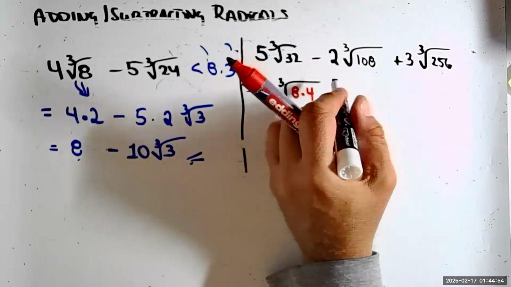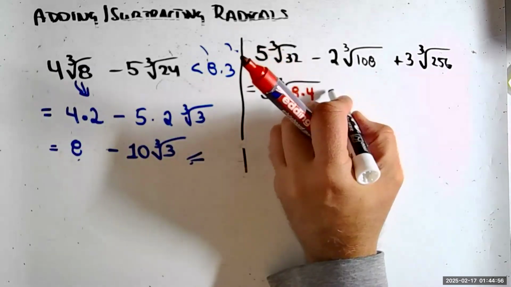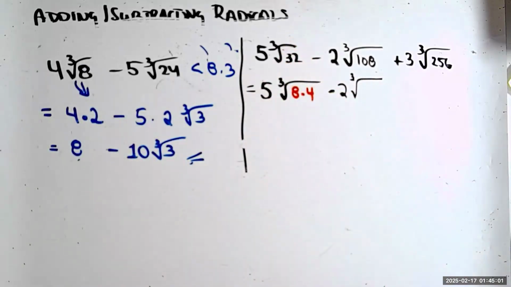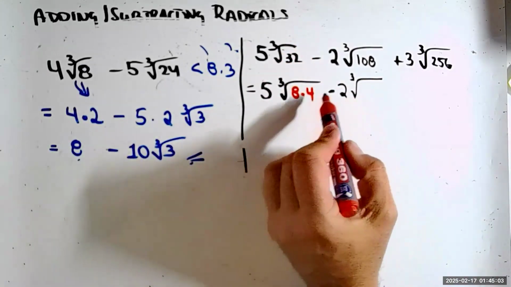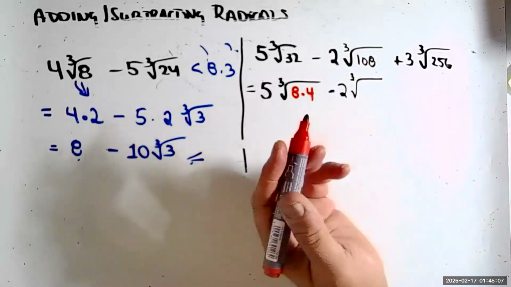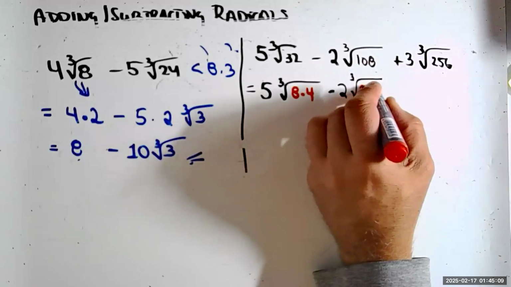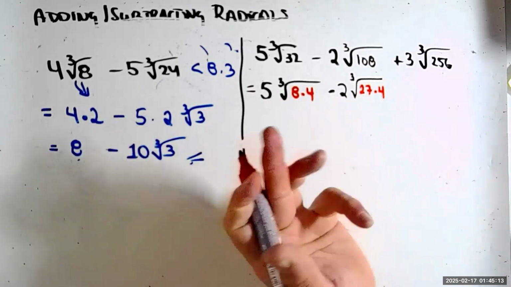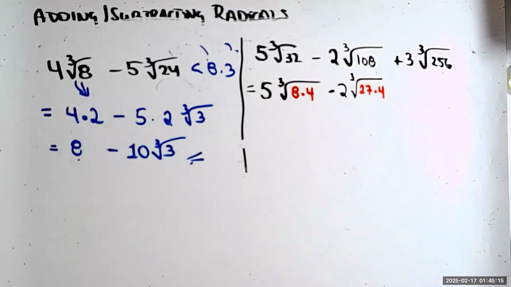Let's see what we have here. Minus 2 cube root of what? 108. Well, since the 4 is going to stay, why don't we take 108 and we divide it by 4 to see what we get? That would be 27 times 4. No coincidence, the cube root of 27 is 3.